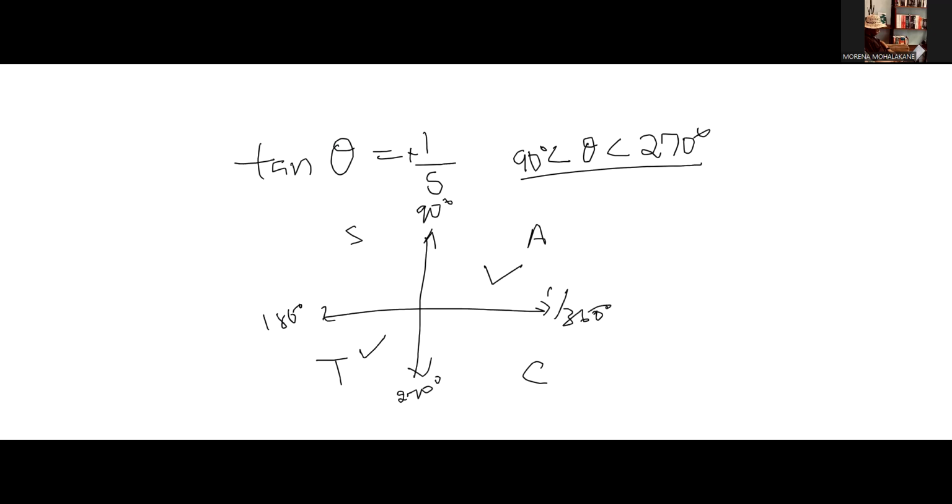So from 90 going to 270, it's this side here. So I'm going to take this one. When I draw my radius, it's going to be here. That becomes perpendicular to the x-axis. Good.